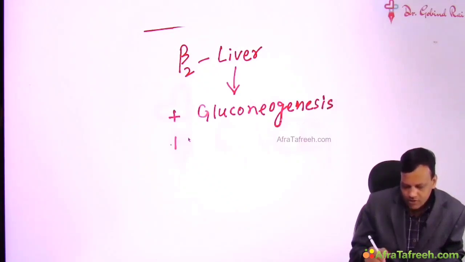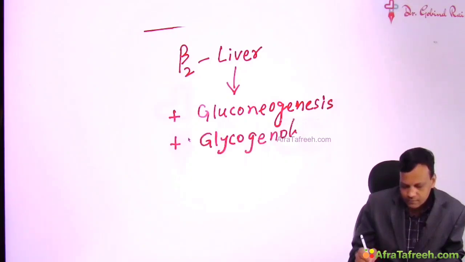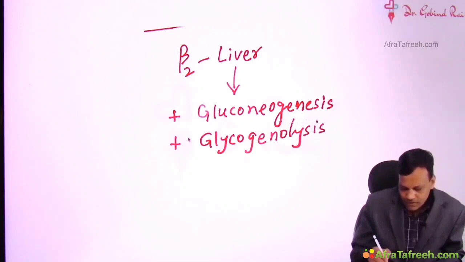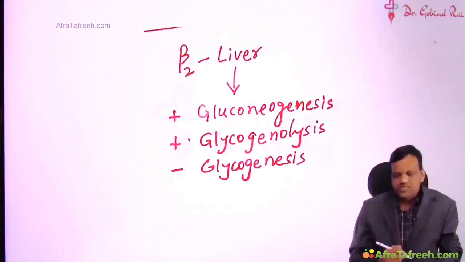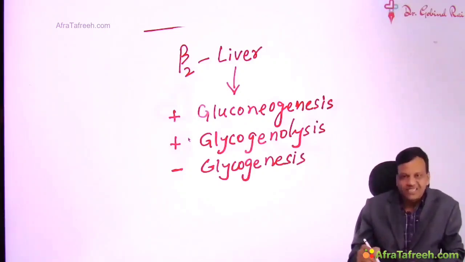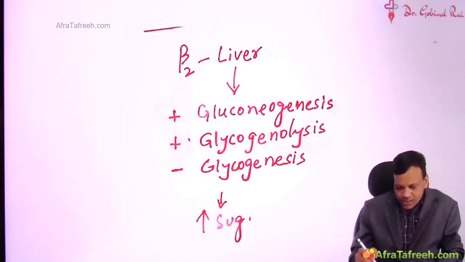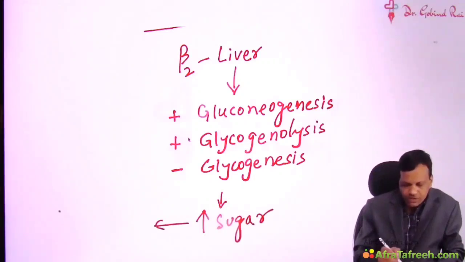There will be stimulation of glycogenolysis. There will be inhibition of glycogenesis. So basically, by changing the metabolism, it will increase blood sugar. And when blood sugar increases, the hypoglycemia will be reversed.